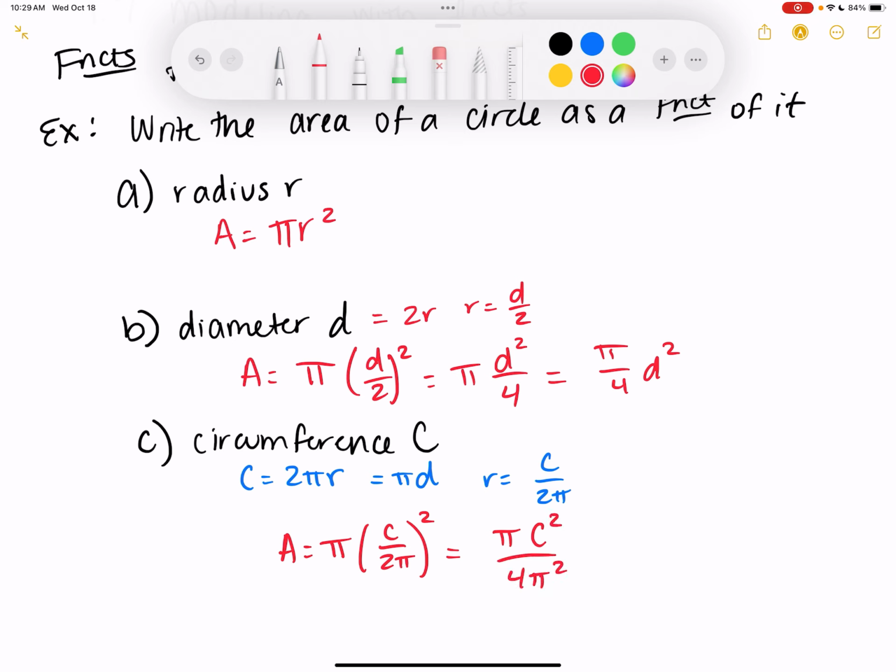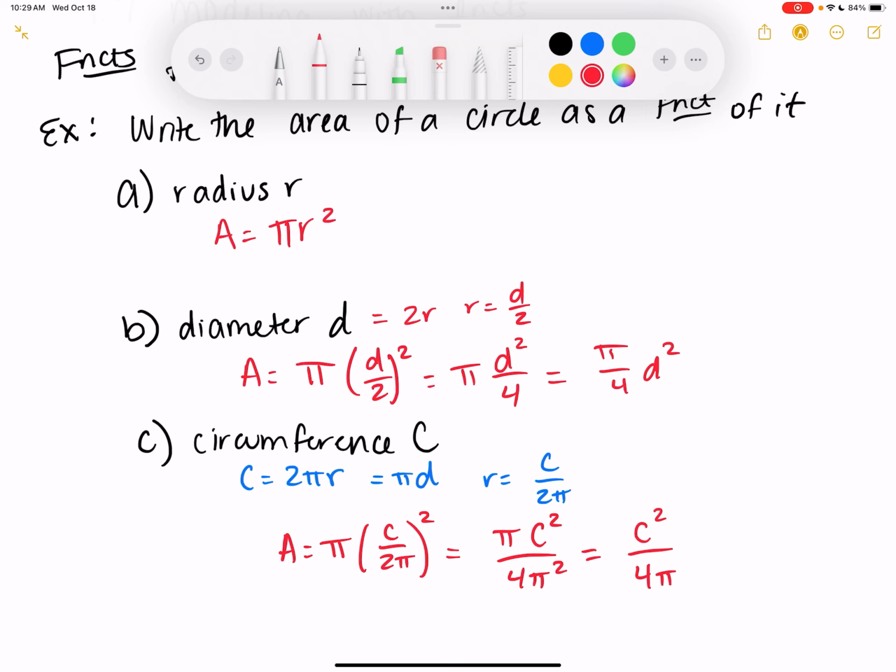And we can reduce that to c squared over 4 pi, because one of the pi's on the bottom would cancel out. And so that is how we can find the area given those different things.